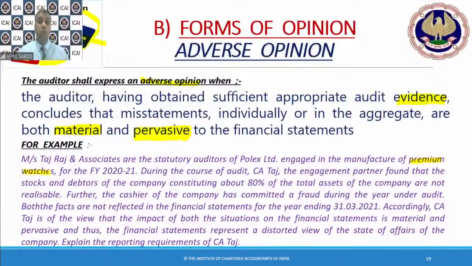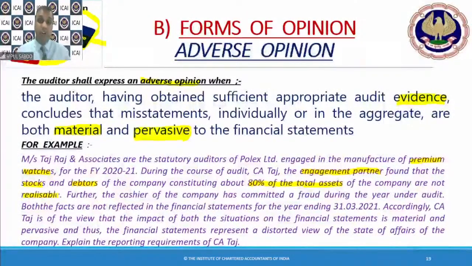During the course of audit, CA Taj, the engagement partner, found that the stocks and debtors of the company, constituting about 80% of the total assets, are not realizable.